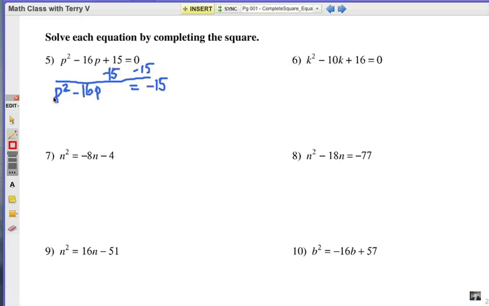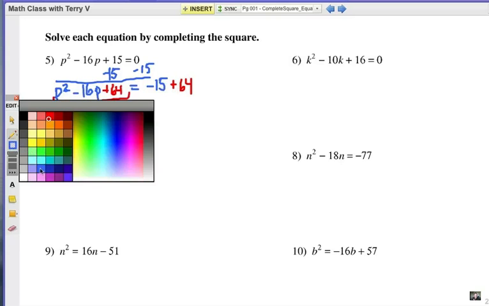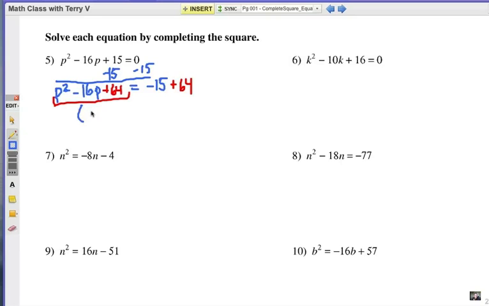Now to make this a perfect square trinomial, I'm going to take half of negative 16, which is negative 8, and then I'm going to square it. So I'm going to add 64 to that side, and I add 64 to the other side of the equal sign. Very important that those are the same sign on opposite sides of the equal sign. Now when I factor this and rewrite it as a squared binomial, it's going to be p minus 8 quantity squared equals, now let's figure out what that is.